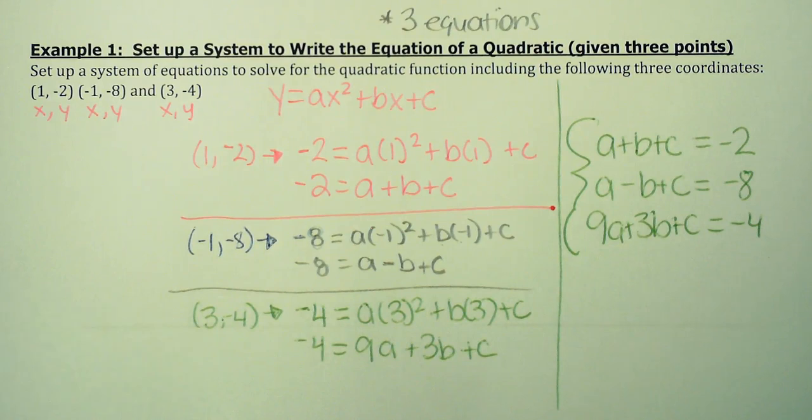So not right now are we going to do this. I'm just going to ask you to be able to set these equations up, but I'm actually going to show you on the back how to use your graphing calculator to do this work for you. But this is a way you could do it by hand if you didn't have a graphing calculator. Set up a system of equations and then solve the system of equations for each of the variables a, b, and c. So if you don't have a graphing calculator, we'll do this by hand.